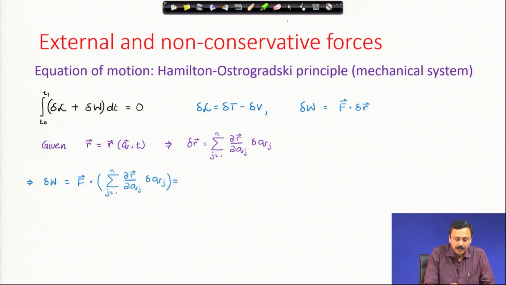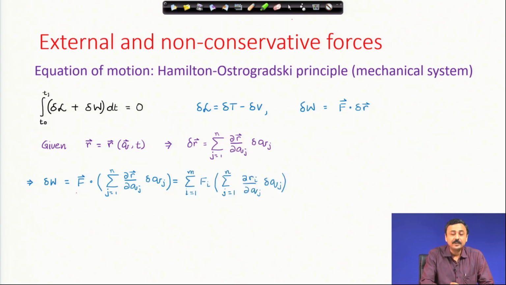Therefore, delta W can be written as F dot delta R, and this delta R I have now taken from here. F is in general a vector quantity, and it in general acts over every physical coordinate. Therefore, I sum over i; the dot product is written as a summation with elements of force.